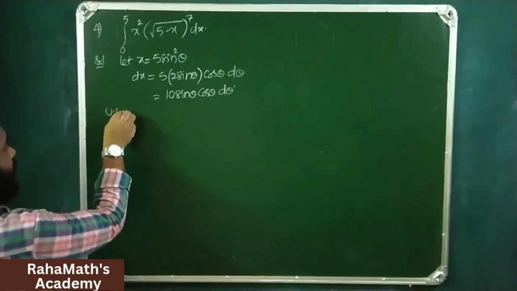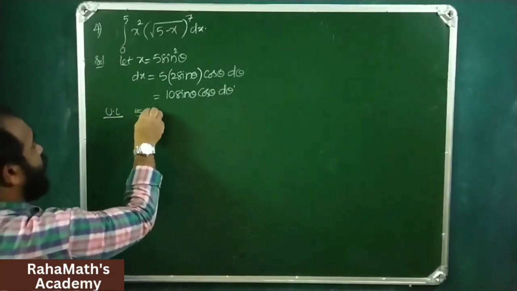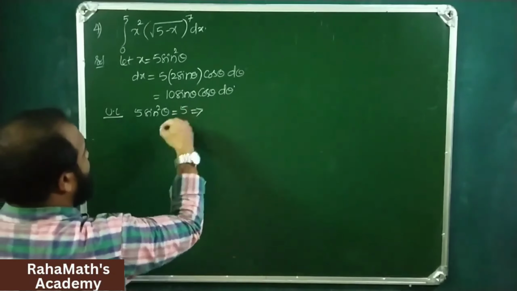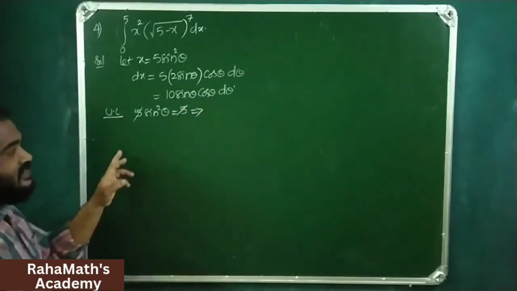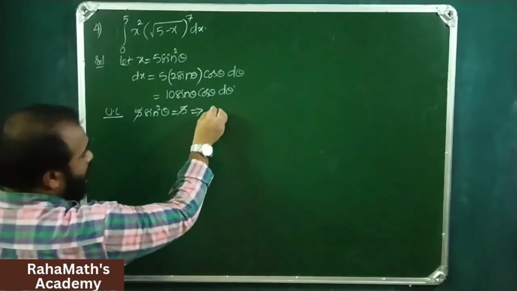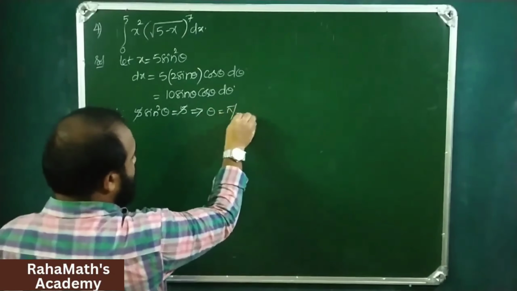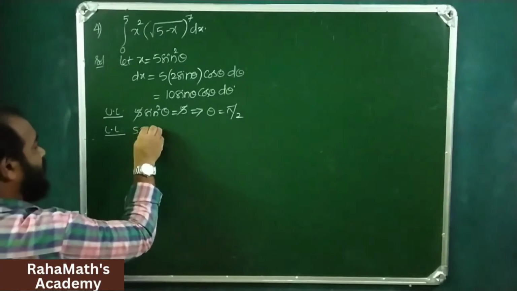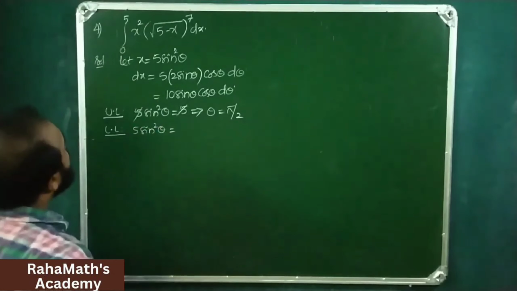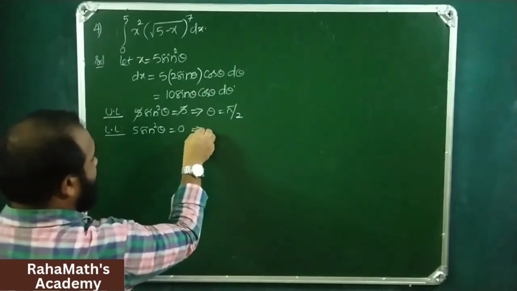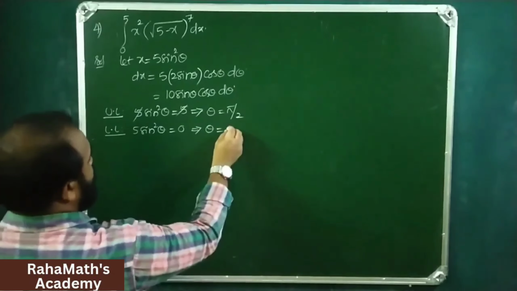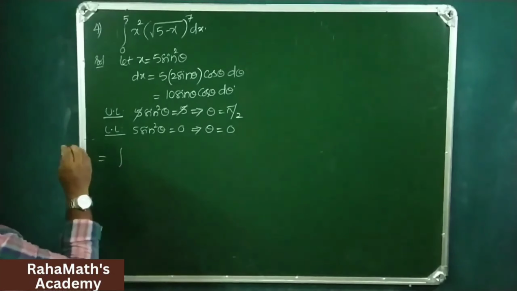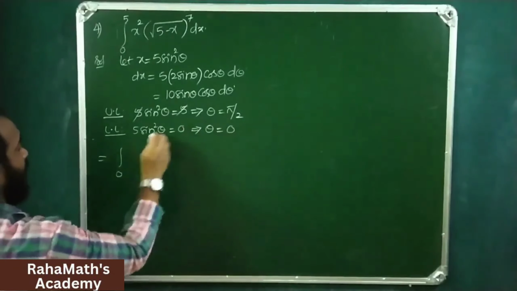Upper limit: 5 sine square theta equals 5, then 5 gets cancelled, sine square theta is 1, theta is equal to pi by 2. Lower limit: 5 sine square theta equals 0, then theta is equal to 0. So the limits are 0 to pi by 2.